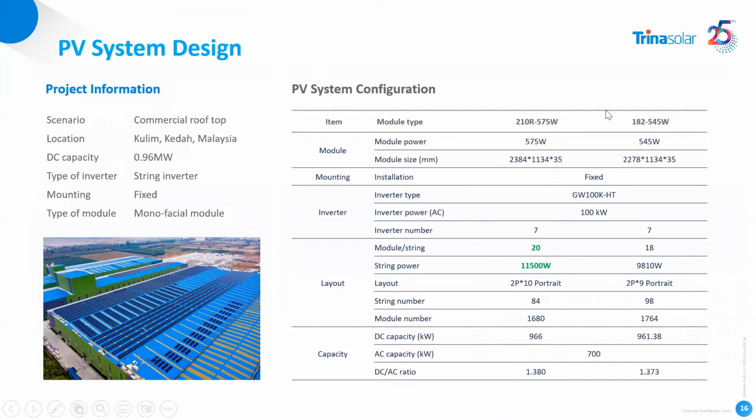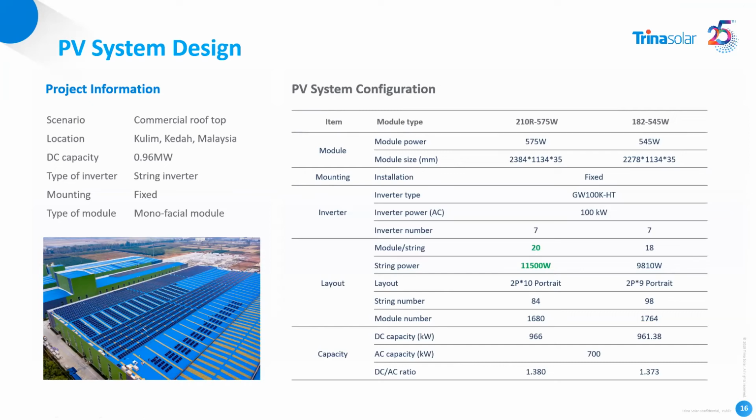One of the key things that we want to reiterate here is, aside from the number of modules per string, this is an actual simulation scenario. So there's a two-module difference already per string, and the string power is 11,500 watts versus 9,800 watts. So it's bigger by almost 2,000 watts already.